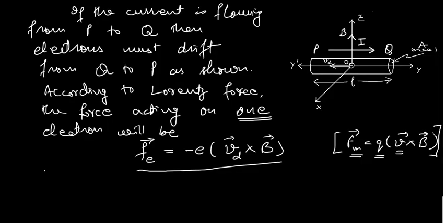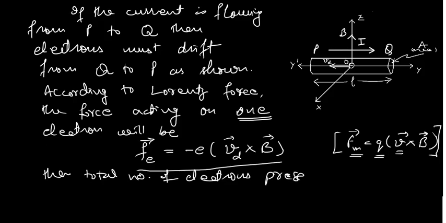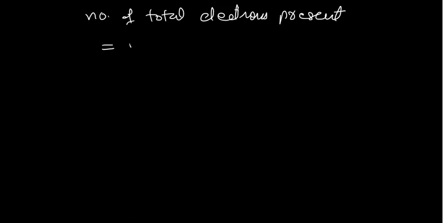So the total number of electrons present in the given volume of the wire will be equal to the number of electrons per unit volume, n, into the volume of the wire.